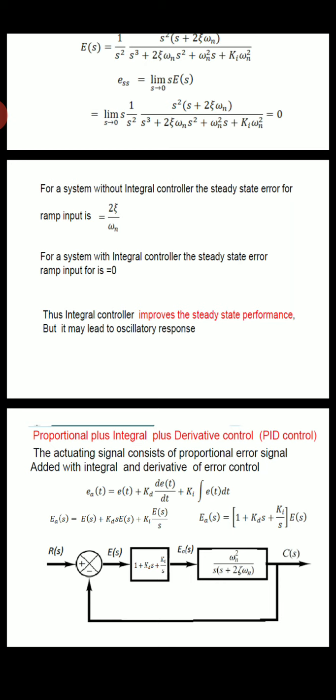The actuating signal consists of the proportional error signal added with the integral and derivative of the error. Ea(t) = E(t) + Kd dE(t)/dt + Ki ∫E(t)dt. Ea(s) = E(s) + Kd s E(s) + Ki E(s)/s. Taking E(s) common, Ea(s) = E(s)[1 + Kd s + Ki/s].